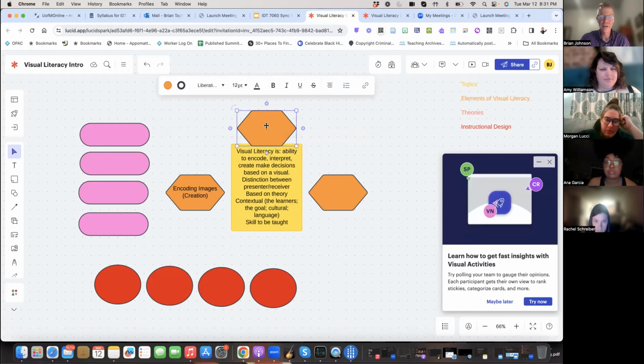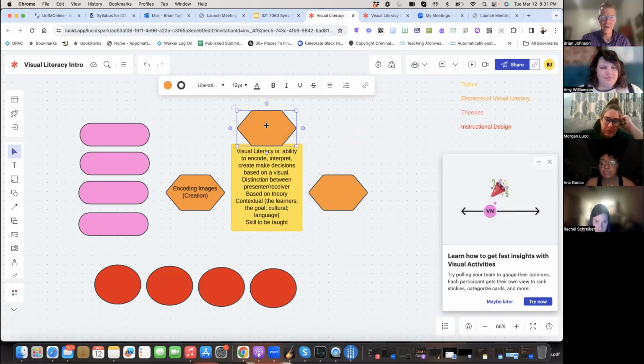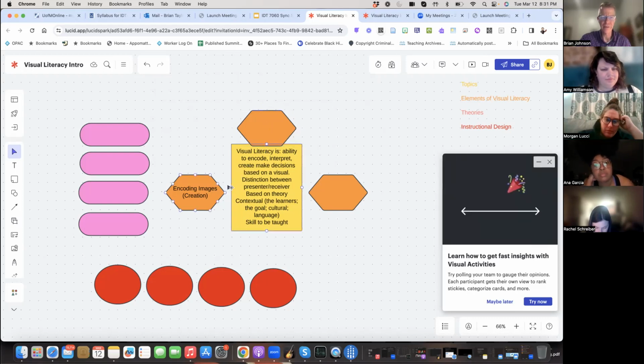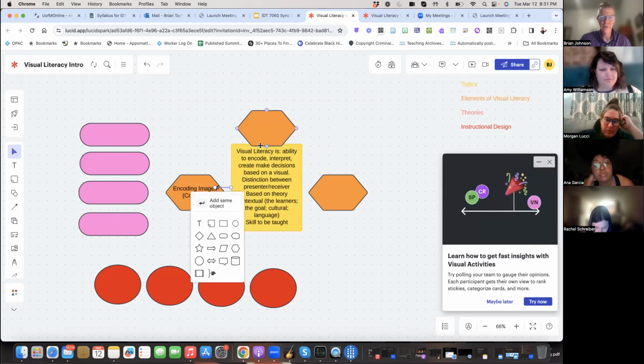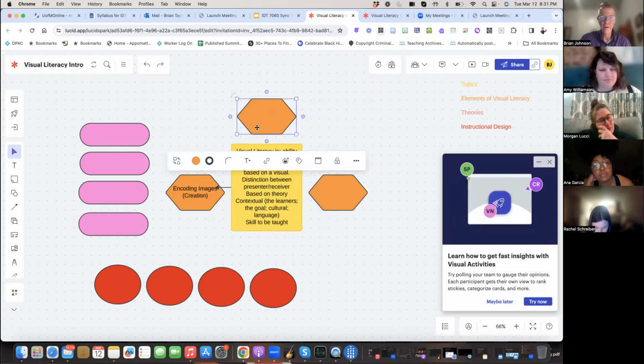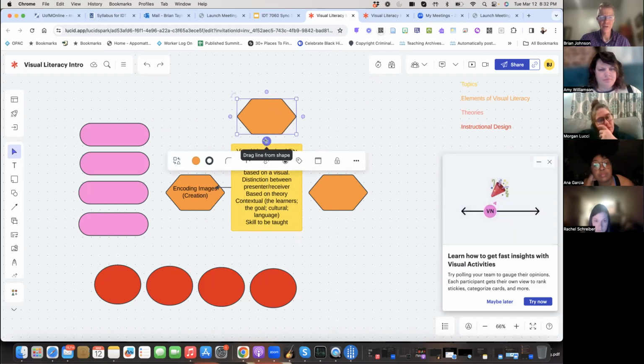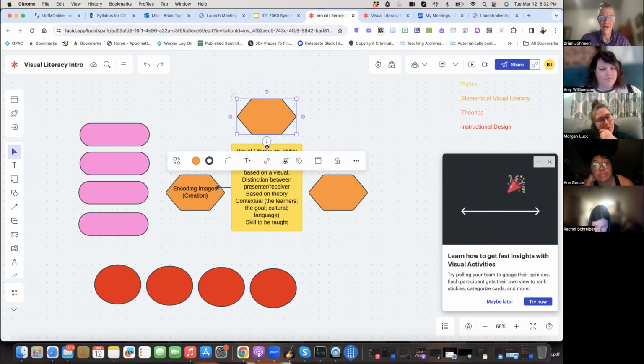What's another one of the skills or main ideas here that needs to fit? I'm going to attach this to different parts here. So we need the image creation, or the encoding of images. What are a couple of the other big ideas in visual literacy?